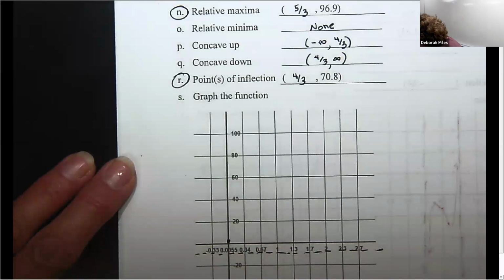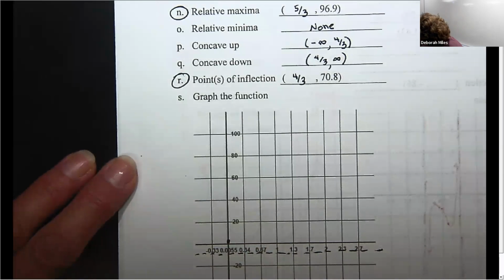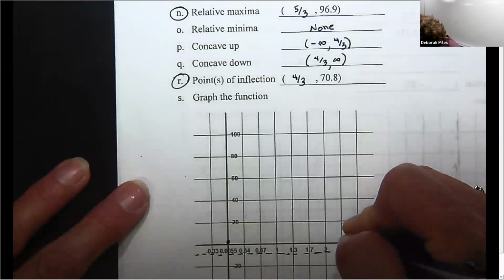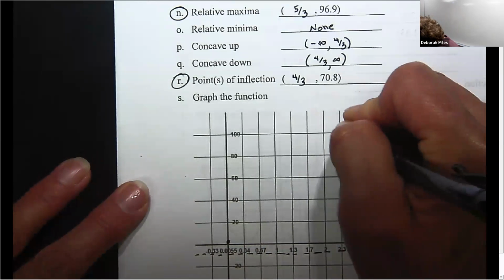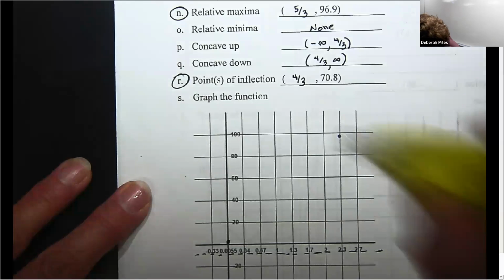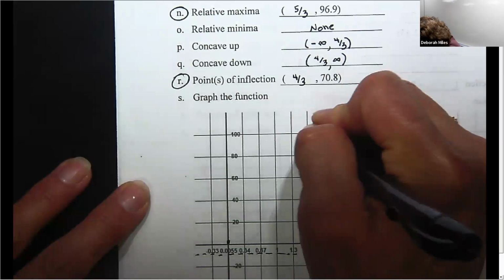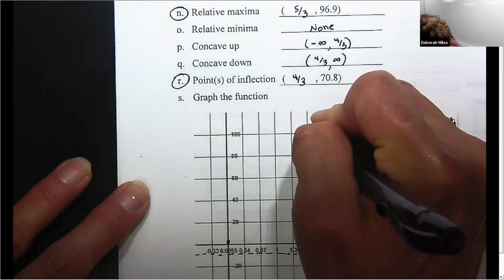Horizontal asymptote is -2. That's also going to be darn close to the x-axis. The relative max is 2 2/3, or 2.3, and y is almost 100. Wait, that's 3 goes in the pipe. 1 2/3. So 1.7 and almost 100.